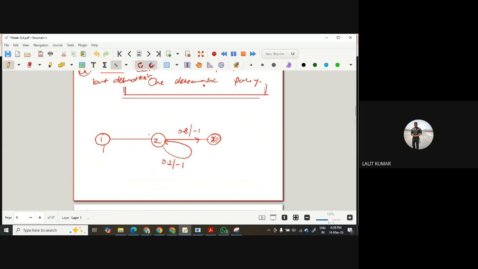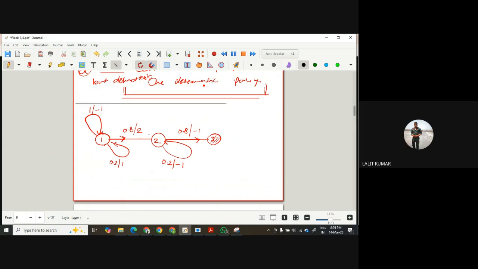Similarly, here I come back if I take this action, -1 over -1, and if I go right, then I have got 0.2 over 1 and 0.8 over, for example, 2. So this is one example from the PYQ.